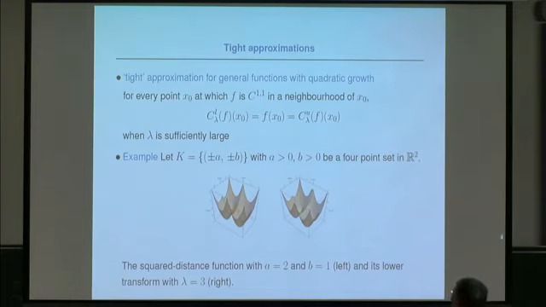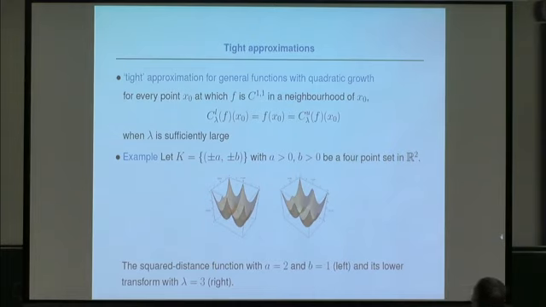For the absolute value or modulus of x, the Moreau envelope is the Huber regularization or something. If you look at that, it's not tight. It does not attach to the original function.